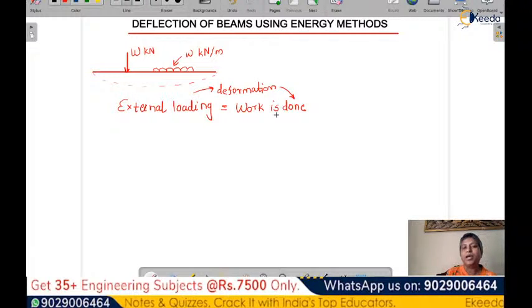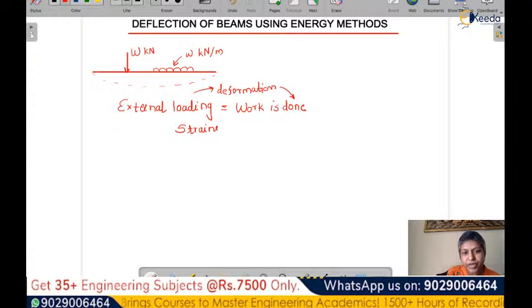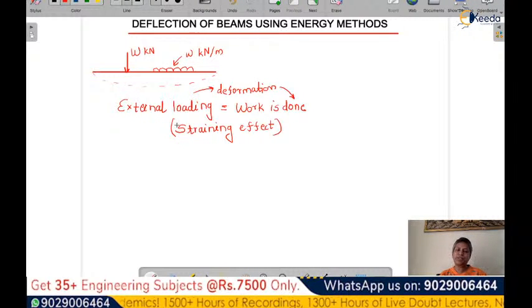And there is also one thing that happens when the deformation occurs. There is one important effect, a straining effect in the material of the structure.